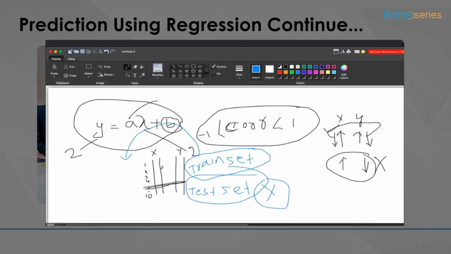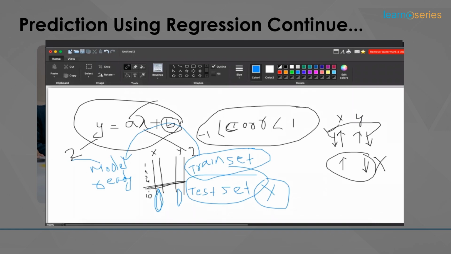So once the training is done, your model is ready. Then we are going to use the test set to verify whether the model is giving good results or not. So we will give only the x of the test set and try to predict y, because the model is already built and has already learned what to predict.